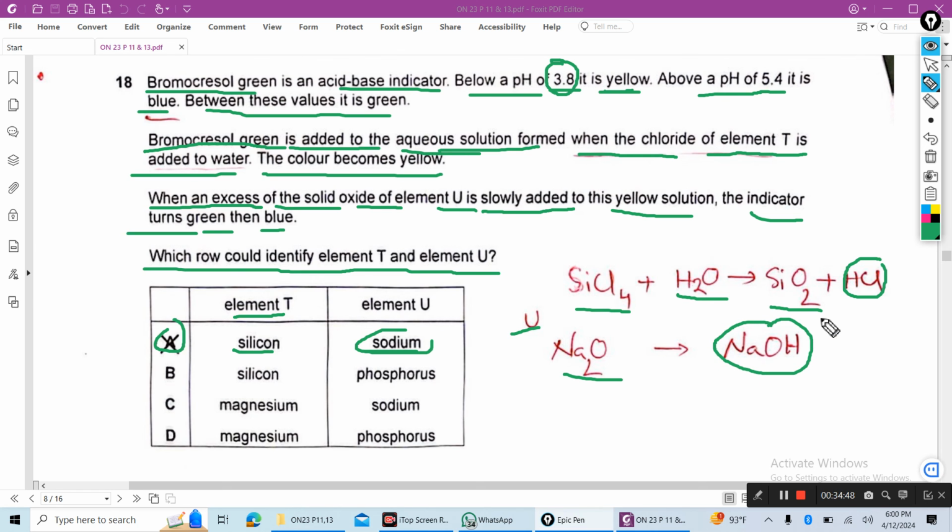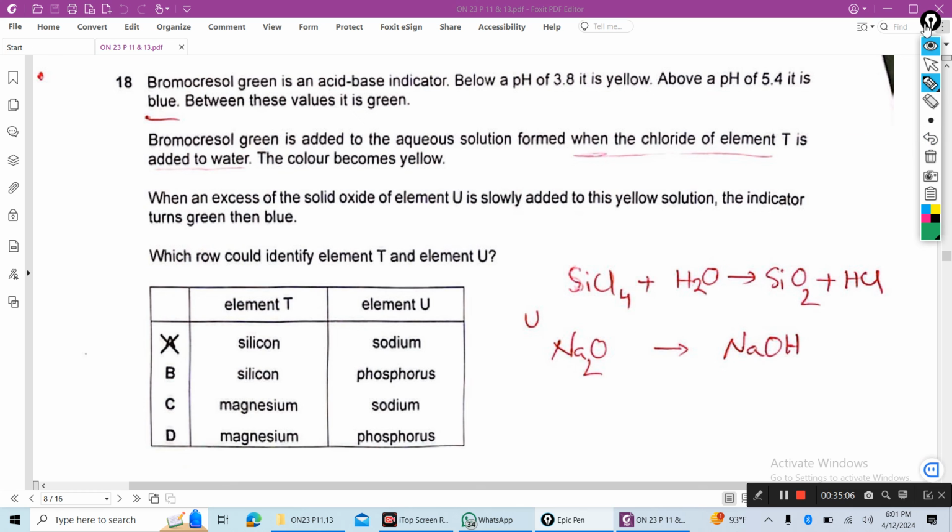So pH increases to more than 5.4. That's why it becomes blue. So answer A is the right answer. That means first acid is produced, so pH close to 3.8, then alkali is produced, pH above 5.4, and it becomes blue.